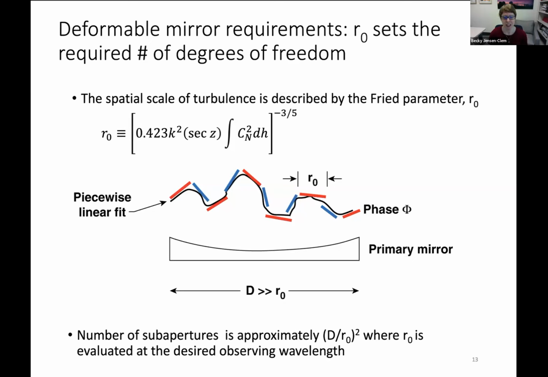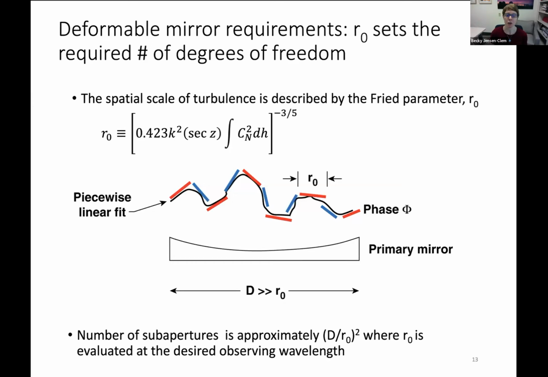So if we imagine, as in this figure, that we have our primary mirror, and the wavefront that's been affected by atmospheric turbulence arrives at our primary mirror, we can think of the characteristic length of these wavefront variations due to turbulence as being about r0. So we need to have about r0 degrees of freedom on our deformable mirror across the DM.